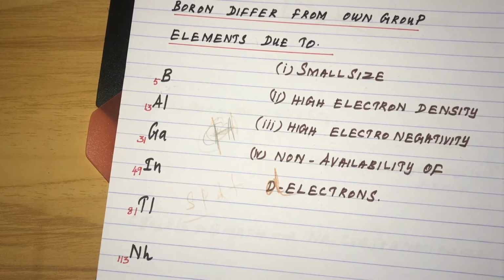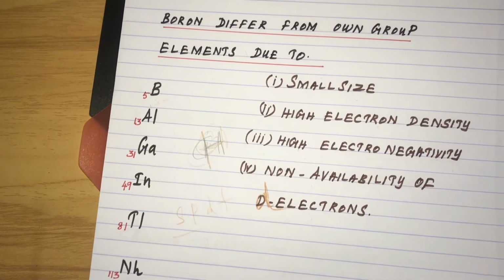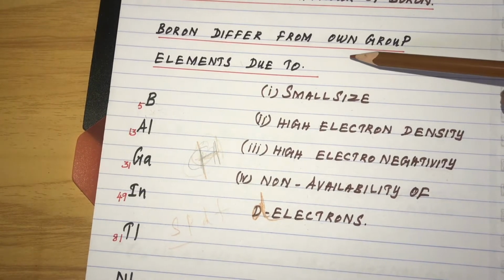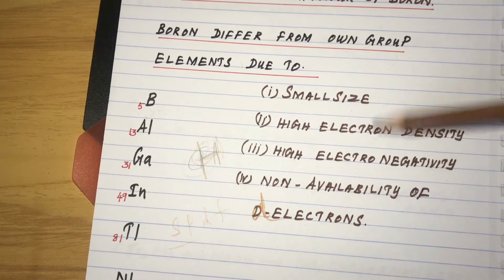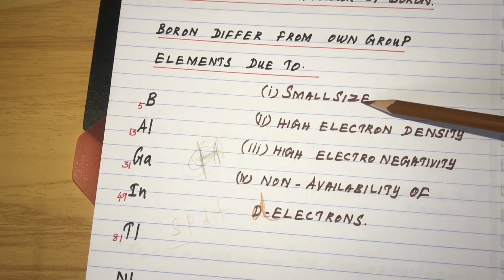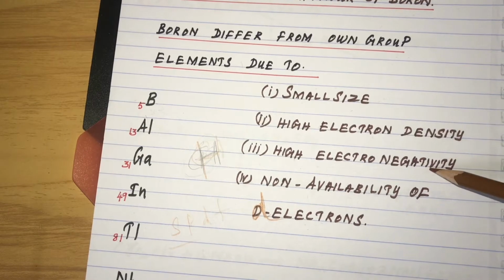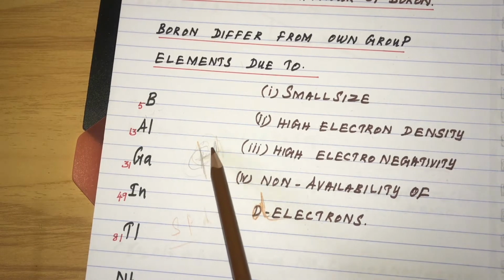So why boron differs from its own group elements in certain respects is due to the following properties. As the first element, it has small size, high electron density and high electronegativity. High electron density is due to its small size.